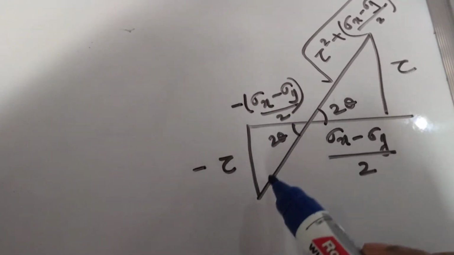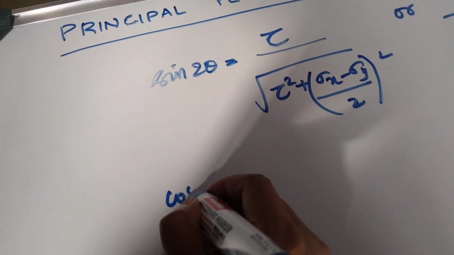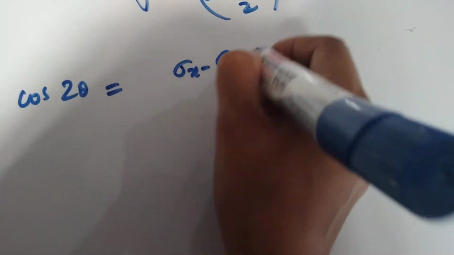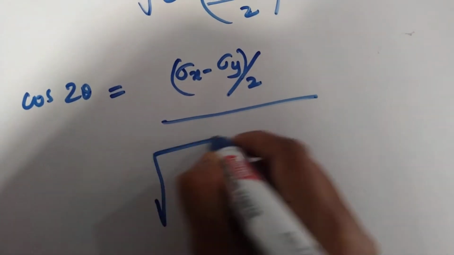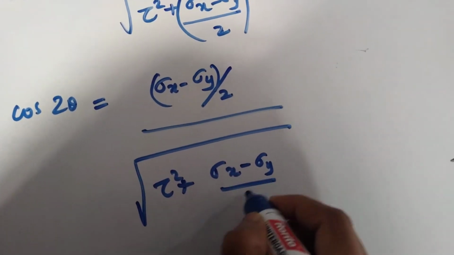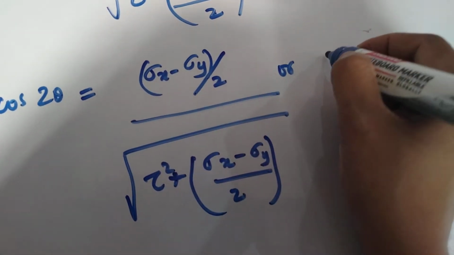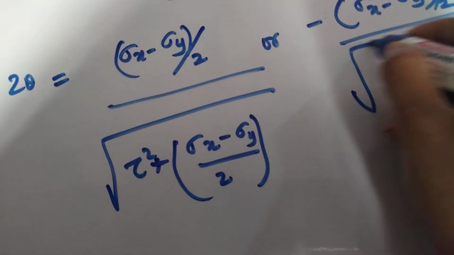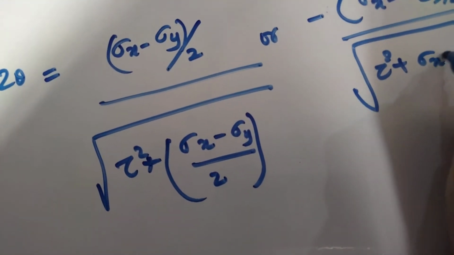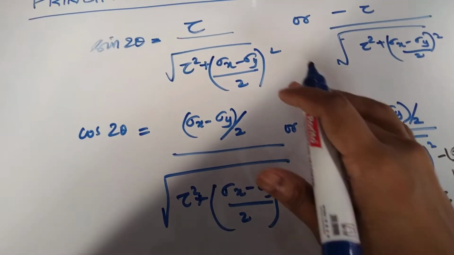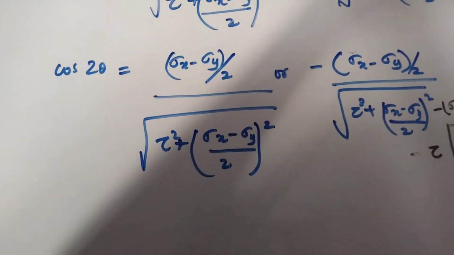Similarly, cos 2 theta is equal to (sigma x minus sigma y)/2 divided by root of tau squared plus ((sigma x minus sigma y)/2) whole squared, or minus of that. So these will be the expressions for sin 2 theta and cos 2 theta.